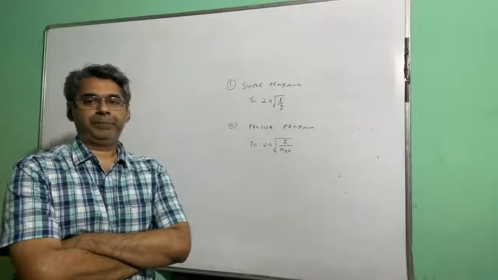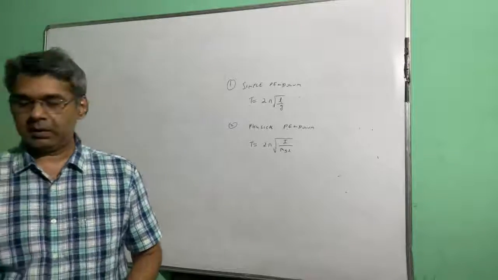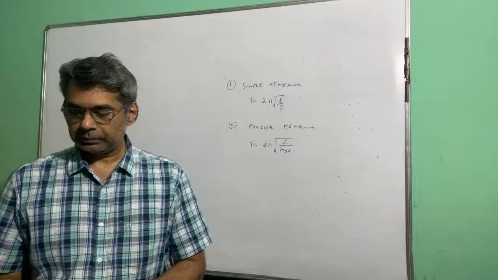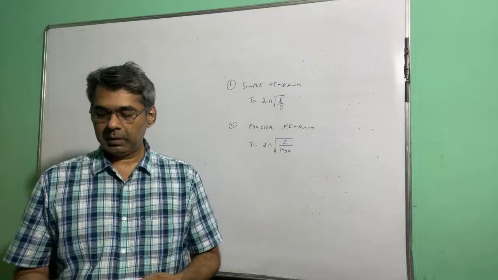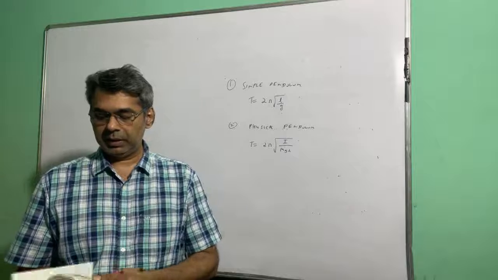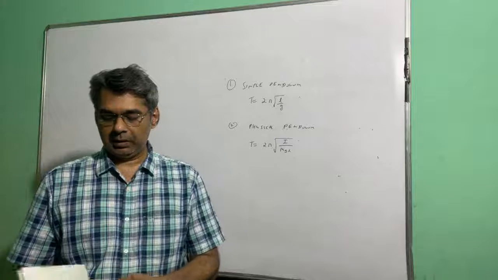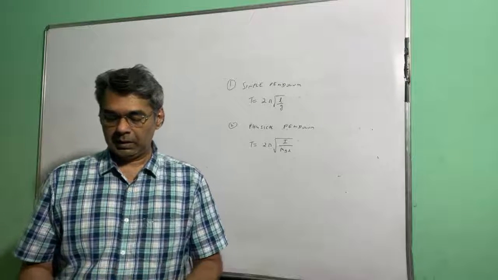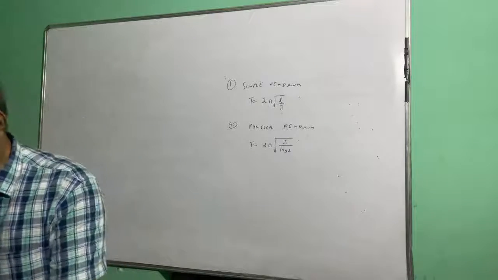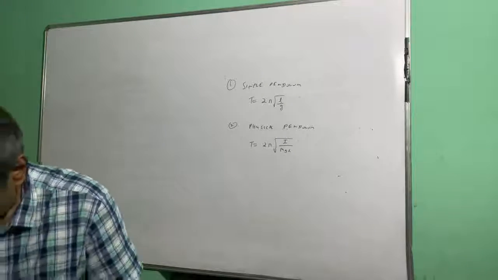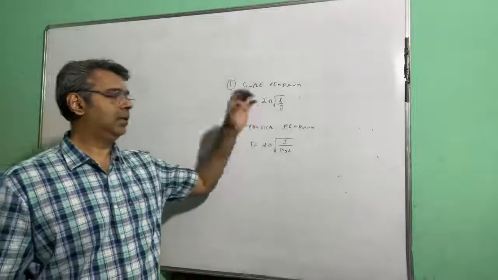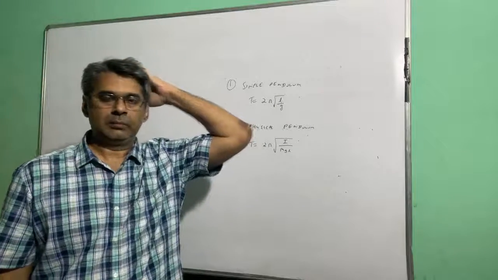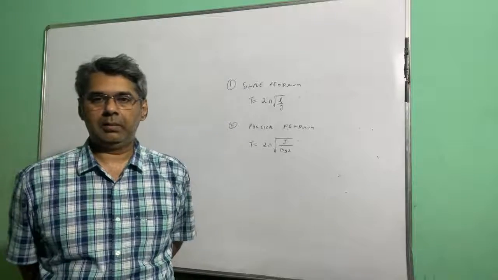Now, what are the two formulas related to pendulum? Broadly speaking, which are the two formulas which we usually think about when we are speaking of pendulum? One is the simple pendulum. In a simple pendulum, you know that the time period is 2 pi root L by g.